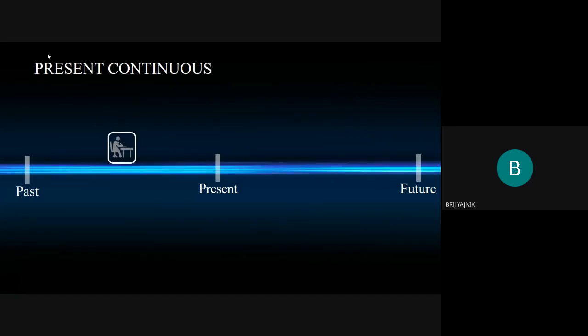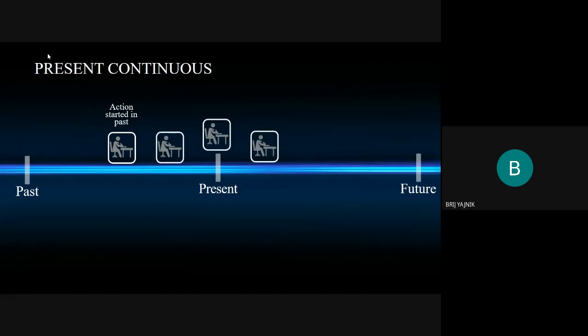Number one. So let's say this is one action that started in the past, and the action, as you see, is study. So the action started in the past, then it was in progress, right?